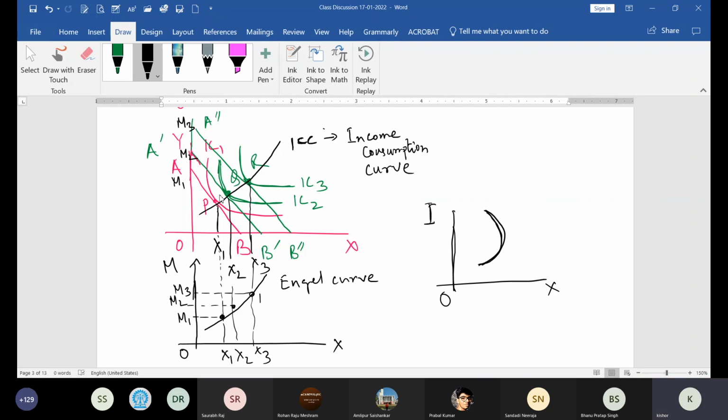At what income, how much quantity of X you are purchasing, that information comes from the Engel curve, and the ICC curve. Individually you may purchase it, but behind the scene your consumption basket is there.